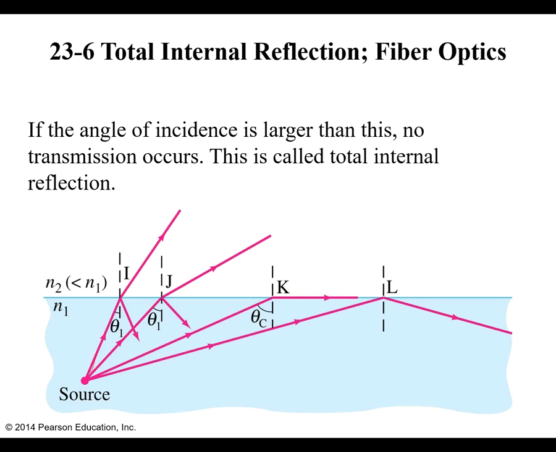Because light comes and can refract, but as the incident angle increases, the refracted angle increases even more, and eventually you get to your critical angle where your refracted angle is 90 degrees. Anything past that critical angle, you obtain total internal reflection.